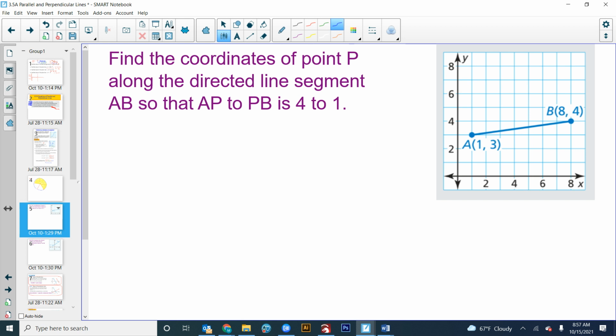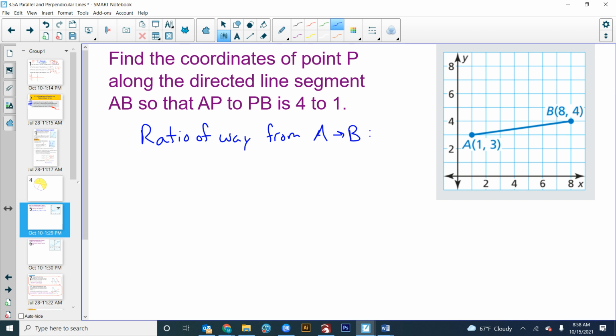I want you to find the horizontal and vertical change and then also your ratio. What'd you get as the total ratio that you're going from A to B? 4/5.